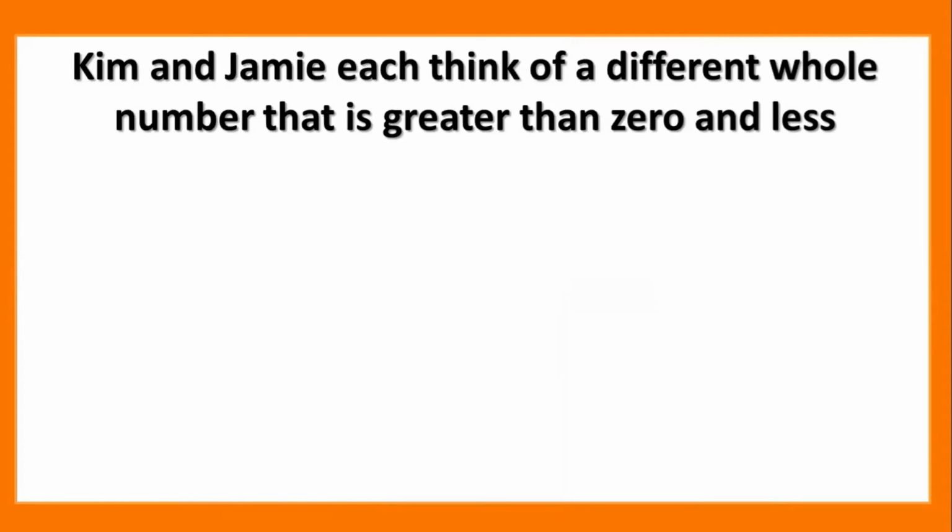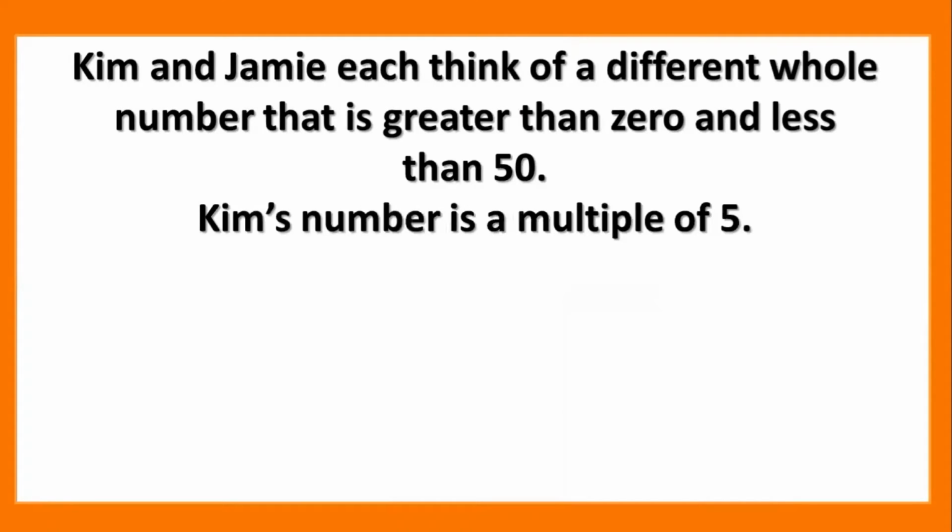Kim and Jamie each think of a different whole number that is greater than 0 and less than 50. Kim's number is a multiple of 5.